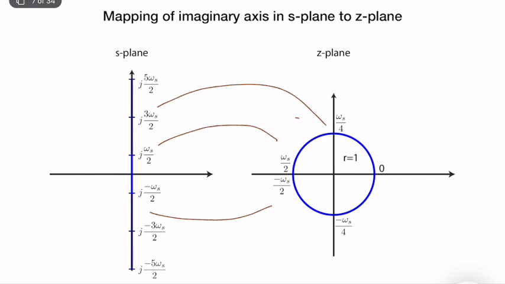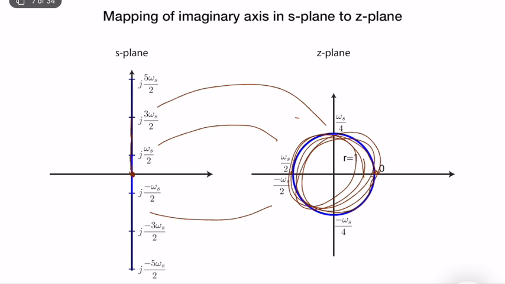But as you can see, this is a repetition. If I start from this point and go in this direction, I will hit this point. Then if I go here, I will finish a circle. It is just a repeated circle on the unit circle.